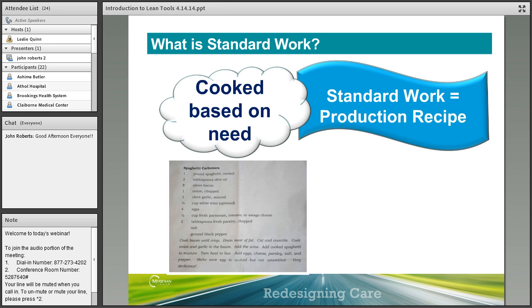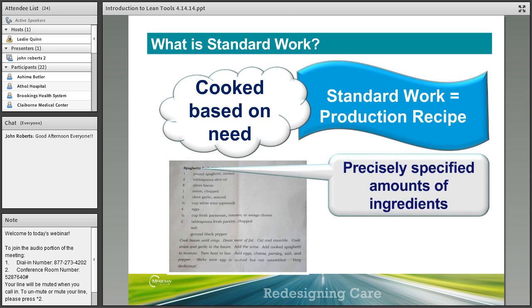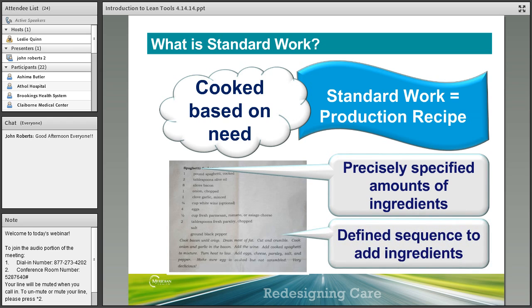And then we have a particular way of doing that, a sequence that if you don't follow the sequence, you're not going to get the outcome that you want. So we have precise ingredients in our recipe, and we have a defined sequence to add those ingredients together to get what we want. Standard work is probably one of the least used lean tools, but probably is the most powerful one of any of them that I've seen.